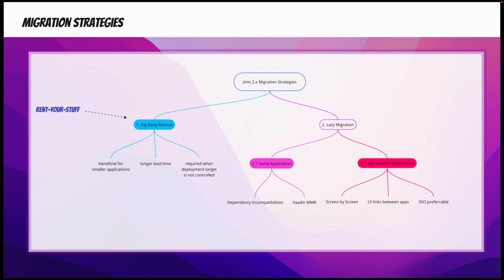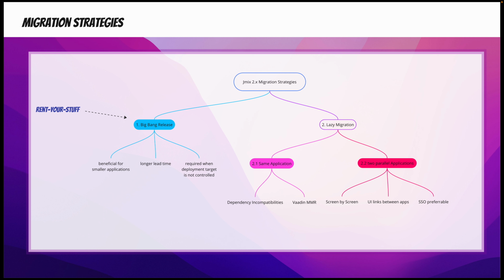On the other side, we can have lazy migrations, and it basically boils down to two sub areas here. The one is that it runs within the same Java application. In general, the idea of lazy migration would be that somehow you make it work that you can have the old version and the new version of Jmix running in parallel.